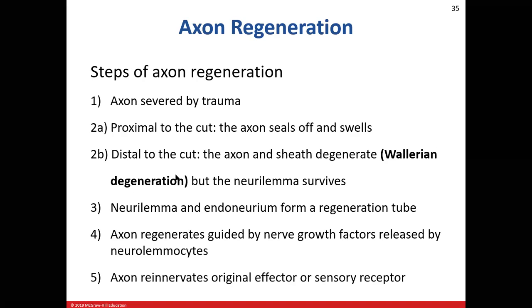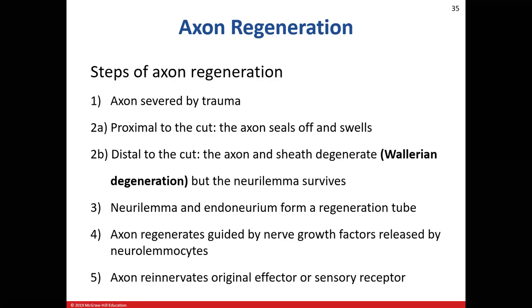In the first instance, the axon gets severed by some sort of trauma. Proximal to that injury, the axon is going to seal off and swell. Distal to the cut, the axon and the sheath are going to degenerate, and this is called Wallerian degeneration. But the neurolemma itself still survives.